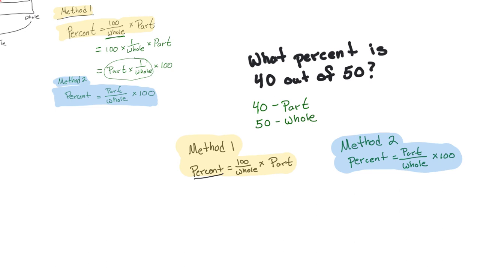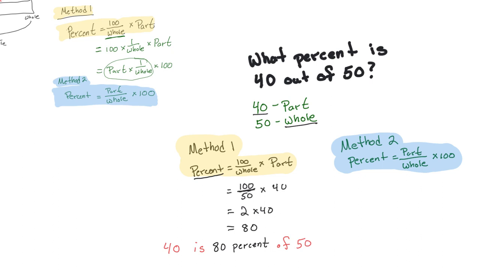So it would be 100 over my whole, which is 50, times my part, which is 40. And 100 over 50 we can think of as either simplifying that as a fraction or 100 divided by 50. So that'll be 2, and then times 40 will give me 80. So I know 40 is 80%.